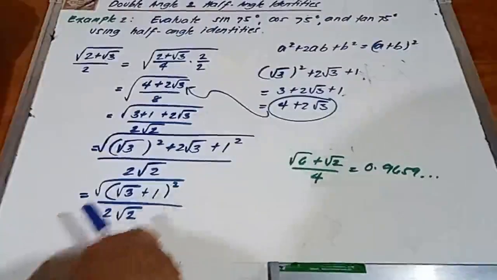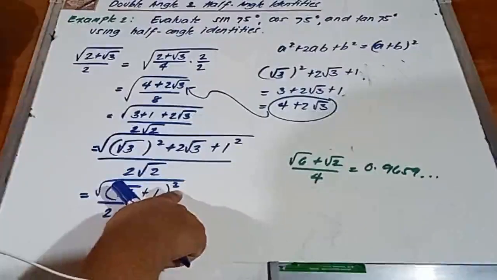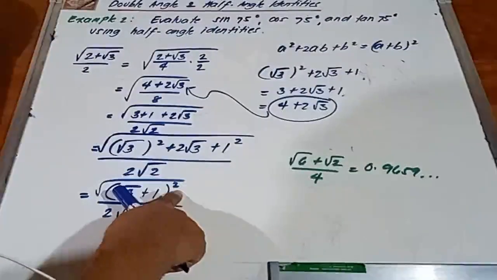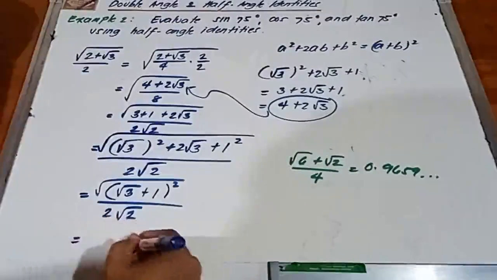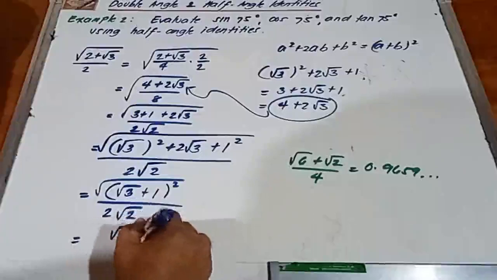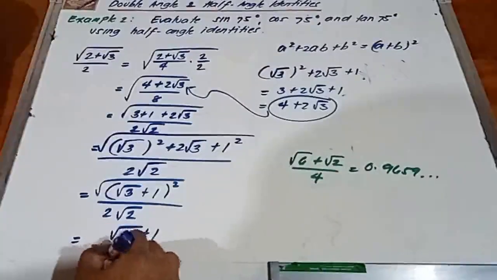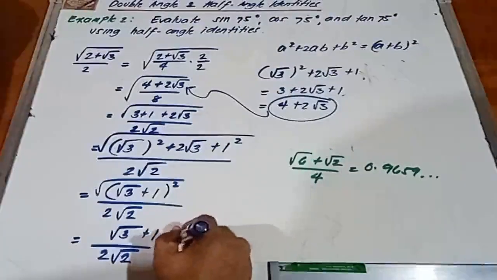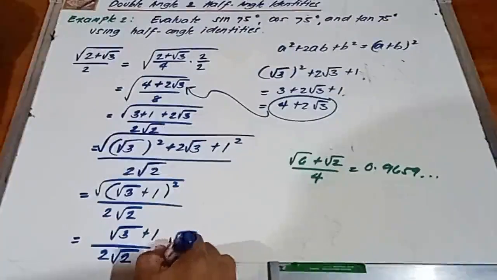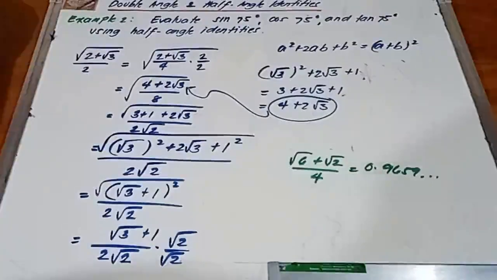Now, since perfect square na yung ating expression sa loob ng radical symbol, makakancel yung radical symbol on top. So, the result is square root of 3 plus 1 over 2 square root of 2. And then, rationalize na lang natin by multiplying square root of 2 on top and square root of 2 doon sa ating denominator.